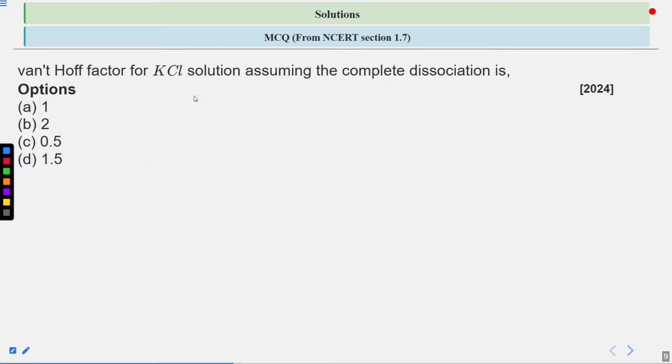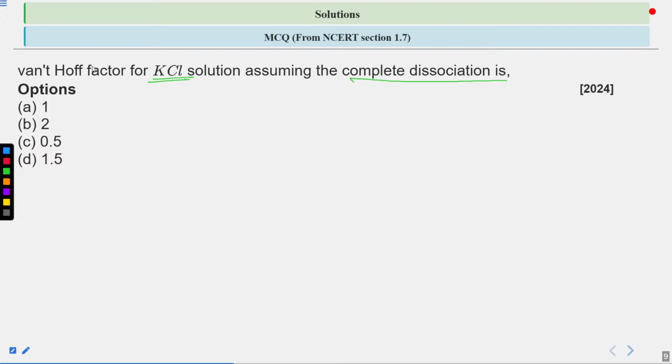This question is an MCQ type question, and we have taken this from the NCERT section 1.7 in the chapter Solutions. The question asks: the Van 't Hoff factor for the KCl, that is potassium chloride solution, assuming complete dissociation, is.